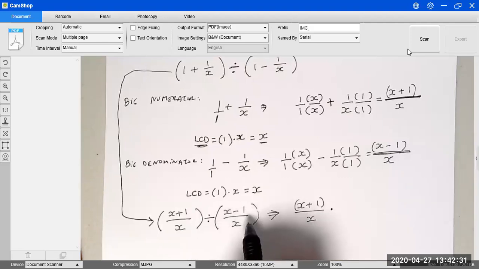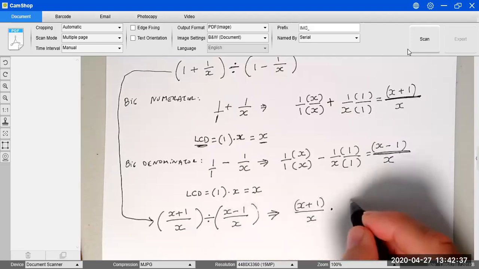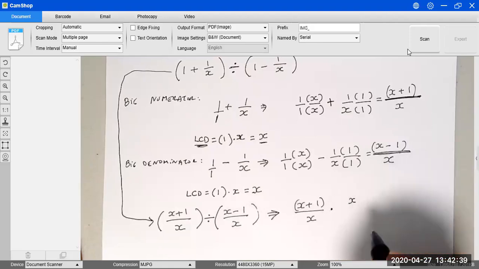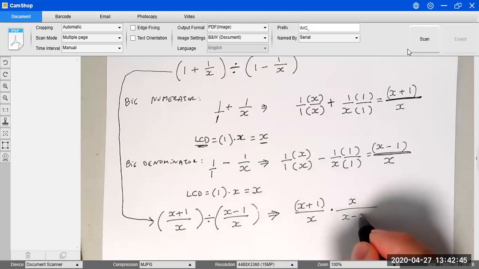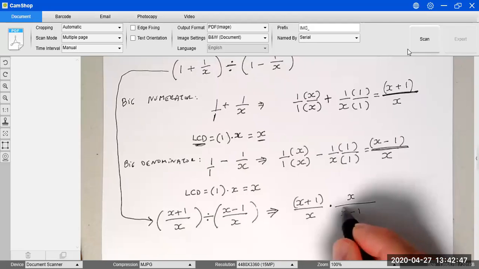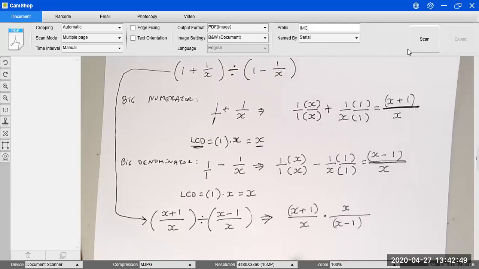And then we're going to reverse the second rational expression. So the numerator is going to become the denominator, and the denominator is going to become the numerator. So now I have my division becoming a multiplication.